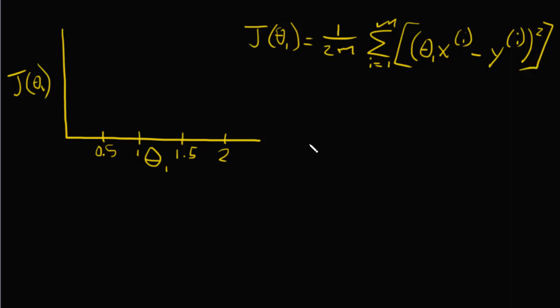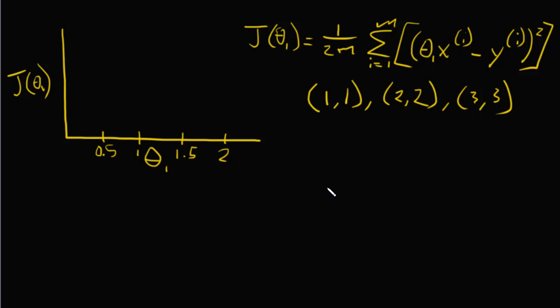Alright, so that is my new cost function, and I'm now going to evaluate it for several different theta 1s. Okay, and I know that my points on the original function were at 1, 1, I'll even list them out right here, 1, 1, 2, 2, and 3, 3.